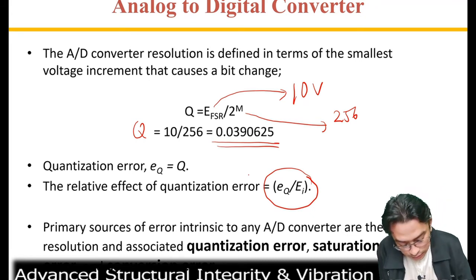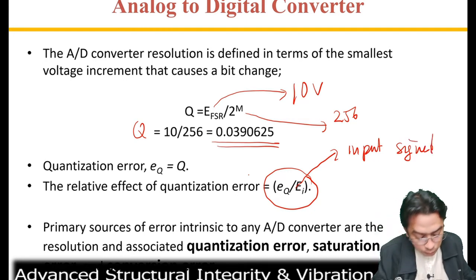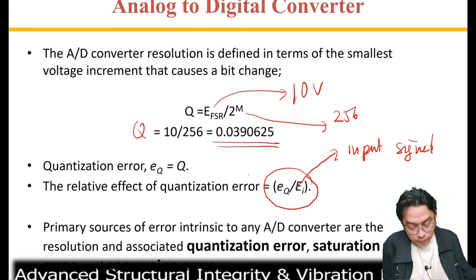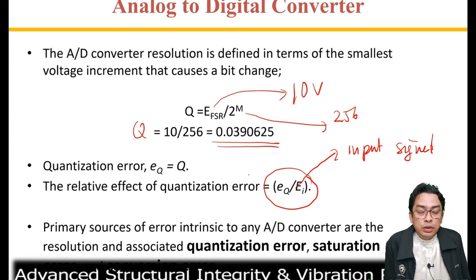The E is actually the input signal from the transducer. So the error from the A to D converter not only comes from the quantization error, it also comes from the saturation error and also from the conversion error.